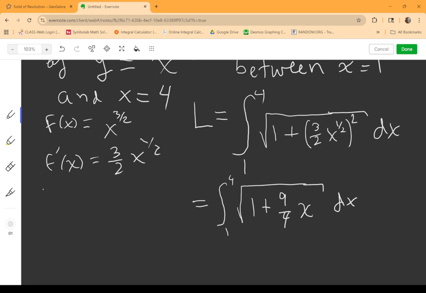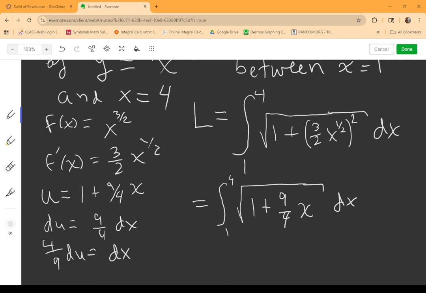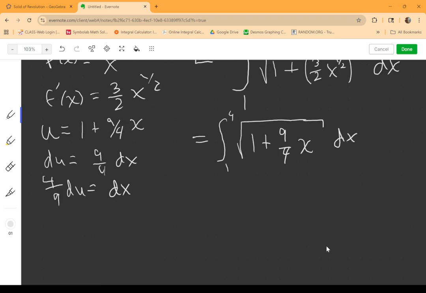Again, I'm going to use u to be the quantity 1 plus 9/4 x. That means that du will be 9/4 dx, or, setting it up for my substitution, 4/9 du equals dx.